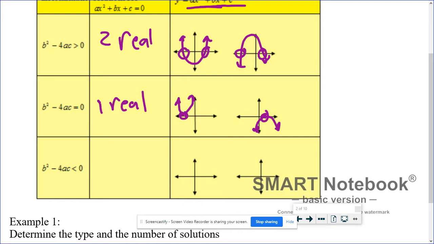If b squared minus 4ac is negative, there are zero real solutions, but there are two imaginary solutions. That could be something that opens up that's fully above, or something that's below and opens fully down. It's not touching the x-axis.